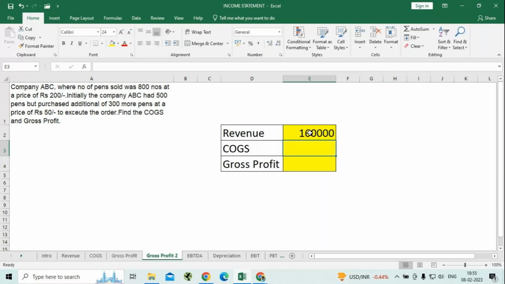So that means they had 500 opening stock, each worth 50, plus 300 that they purchased again, into 50. So that is 40,000 worth of goods that you spent on the COGS value.